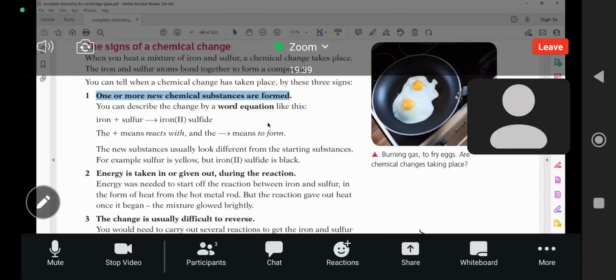Instead of that plus mark, I can put reacts with, and instead of this arrow, you can put to form. So how can you describe in sentences? Iron reacts with sulfur to form iron sulfide. To form.